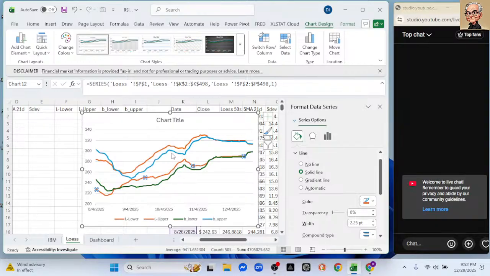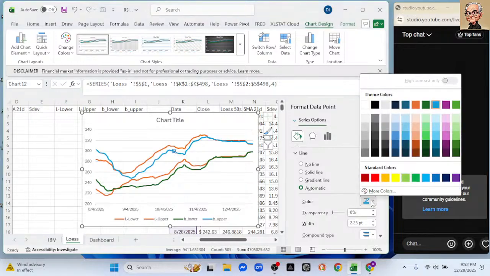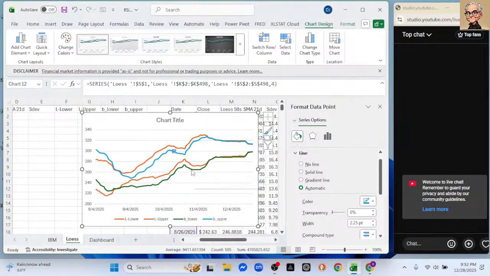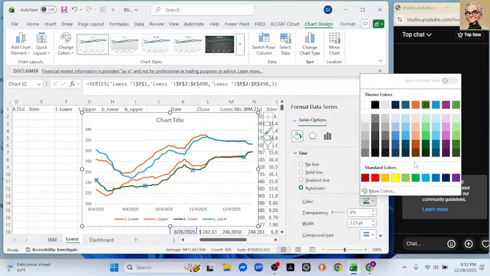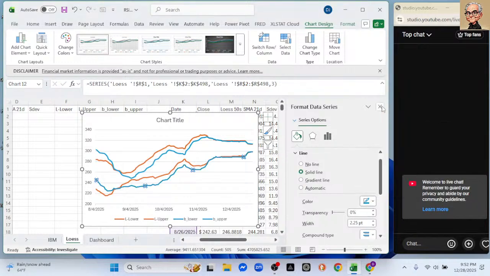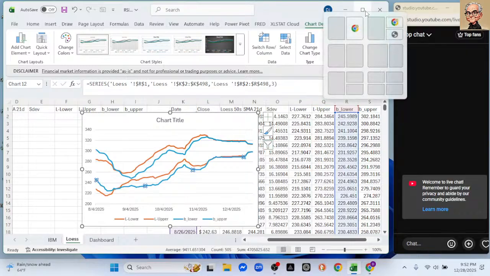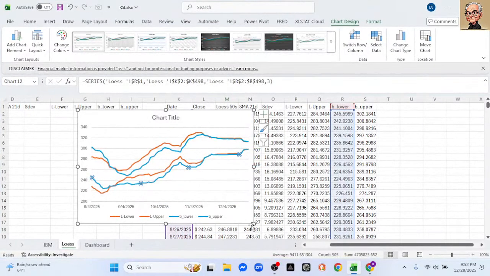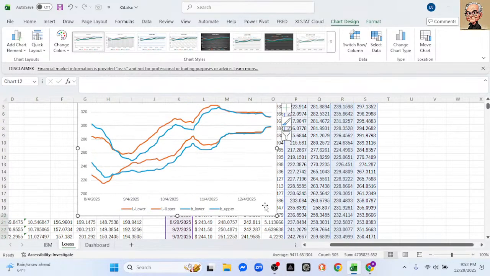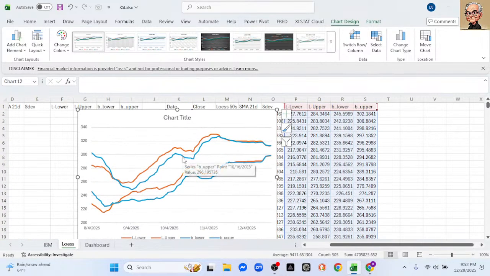Then we're going to change this. Let's take a look at it up here. Okay, good. Let's expand this out. So, what is interesting to me is this. This is a Loess function.